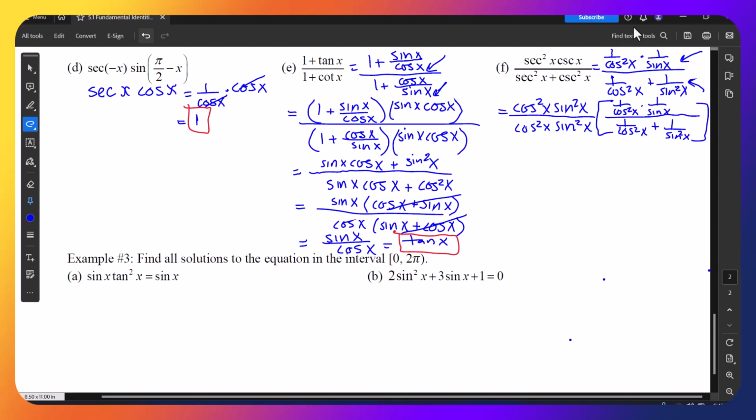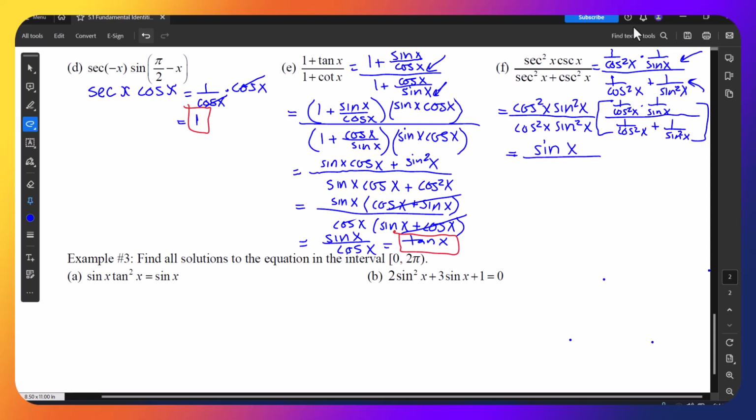Okay, now we distribute and clean up. If we multiply the top by that right here, we're going to cancel out the cosine squared, we're going to cancel out the sine in the denominator, and we're just going to end up with 1 sine in the numerator. The denominator, same thing. We're going to multiply each one of these two terms by cosine squared, sine squared.